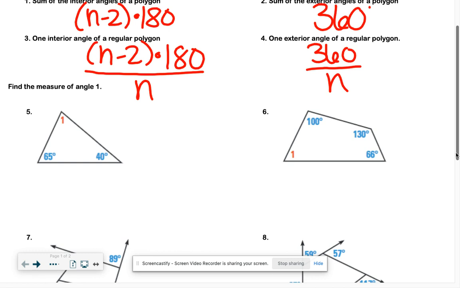Okay, number 5, find the measure of angle 1. How many degrees are in a triangle, folks? So let's subtract away 180 minus 40 minus 65. 75 is correct.